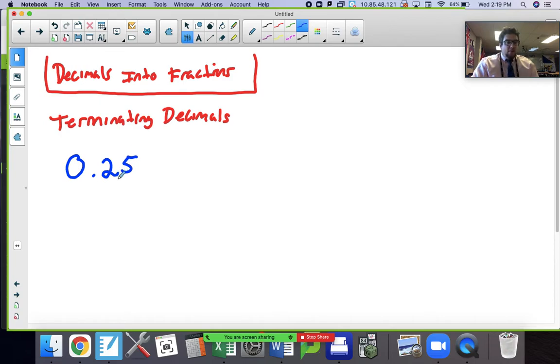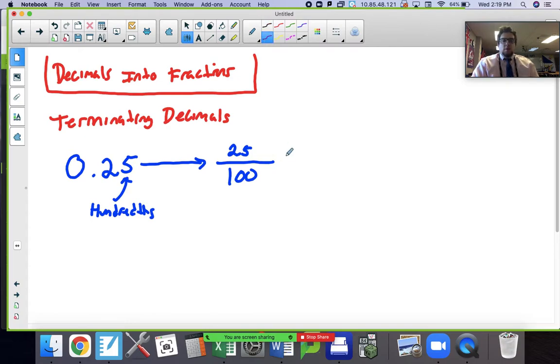It has a definite place value right here. So when you have a decimal like this, we're going to look at the last place value that it's in. That's in the hundredths place. And so 0.25 becomes 25 out of 100.